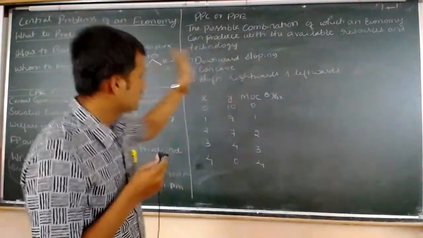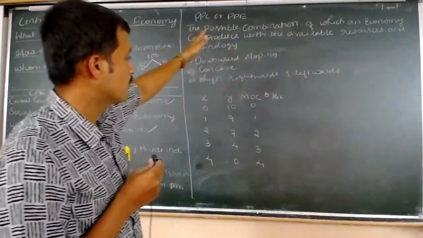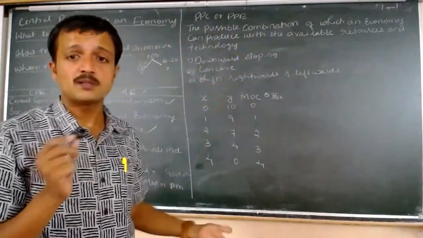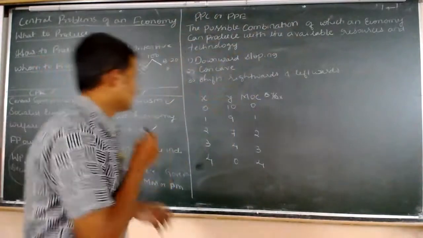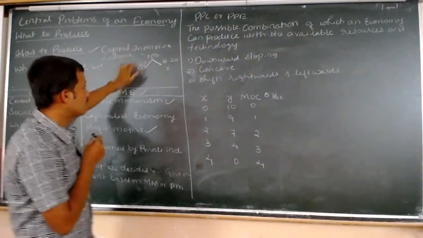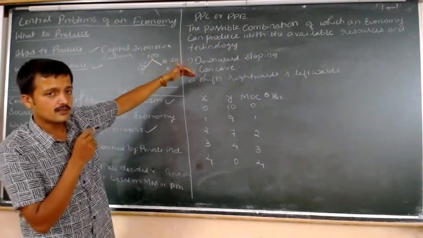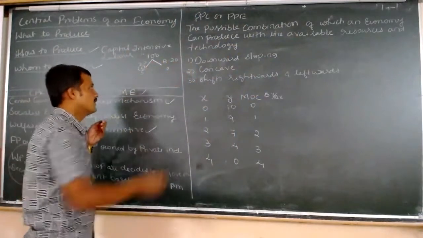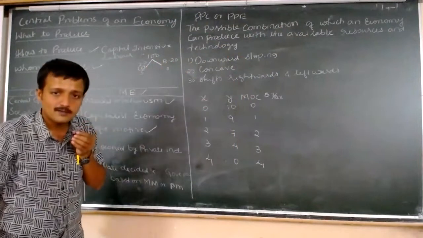Again, the production possibility frontier also begins with the same thing, that is, the resources are limited but the wants are unlimited. So here you have 100 rupees, but you would like to buy both what? Cold drink as well as burger. If you buy 5 cold drinks, then you cannot buy any burger.